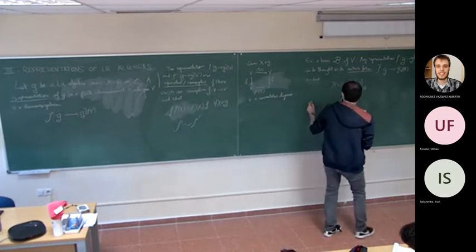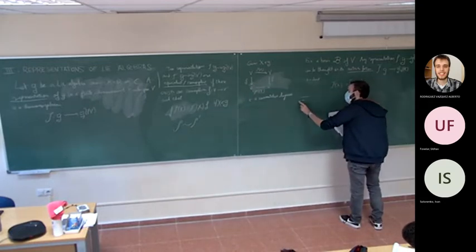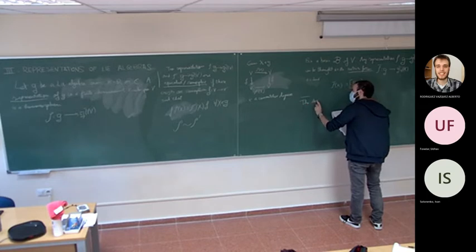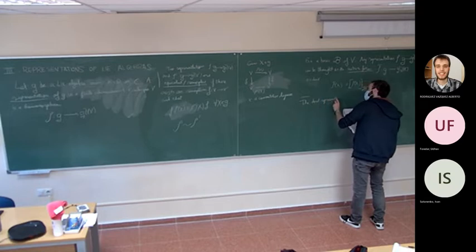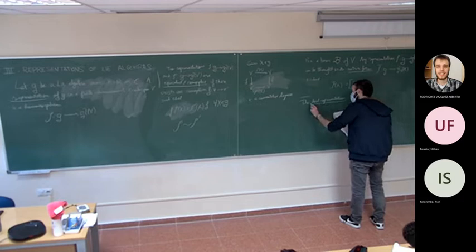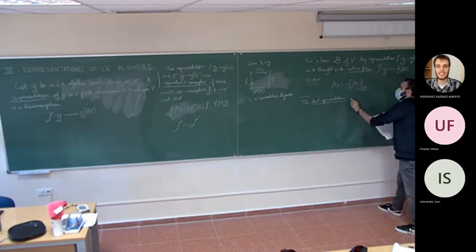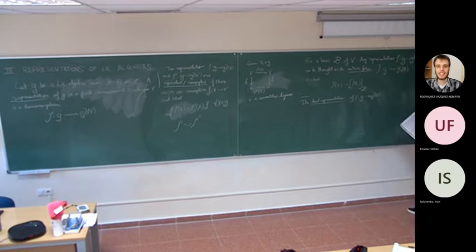The dual representation of a representation rho will be a representation over the dual space of V, which we write as rho super V, going from G to the set of linear endomorphisms of the dual space V star.